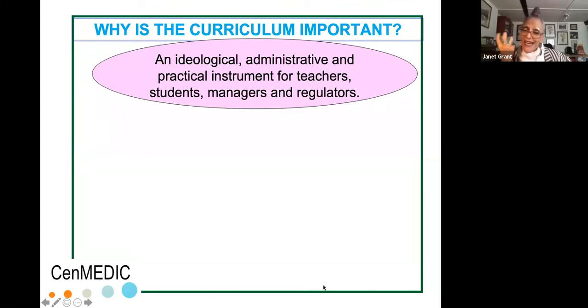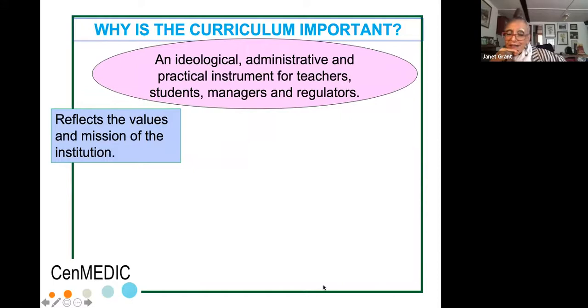Of course, it tells you what the ideology of your school is, but it also tells you how it must be managed, how it must be administered, and it's something which informs students and managers and regulators about what should happen. So you can measure what you do against your curriculum, and you can plan what you do against your curriculum. So it is a really important management and information tool.